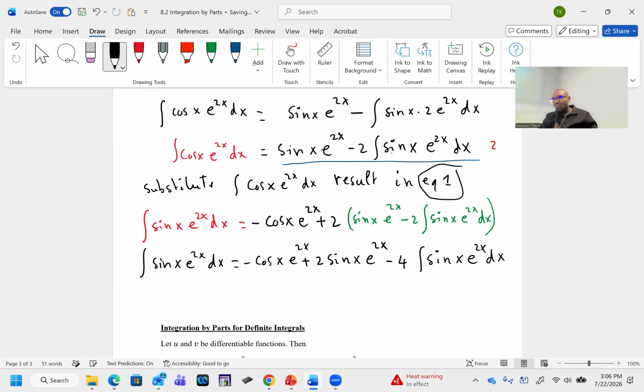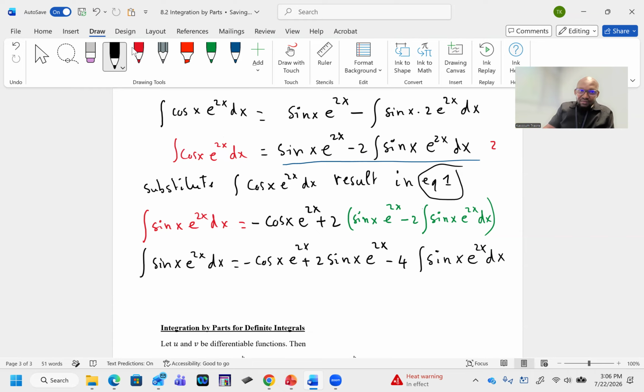Do not forget, the original integral that we are solving is the integral of sine x e to the power of 2x dx. But do you see we have the integral of sine x e to the power of 2x dx also here?